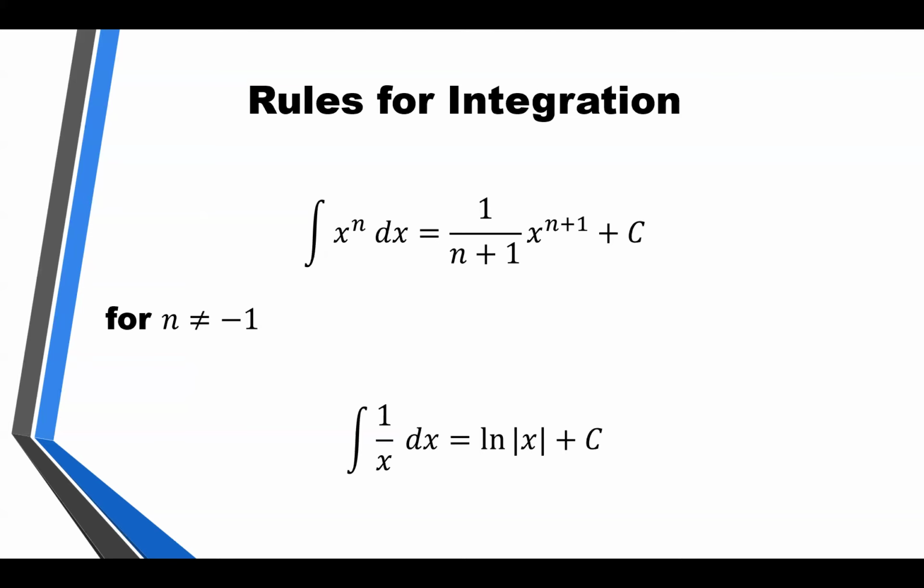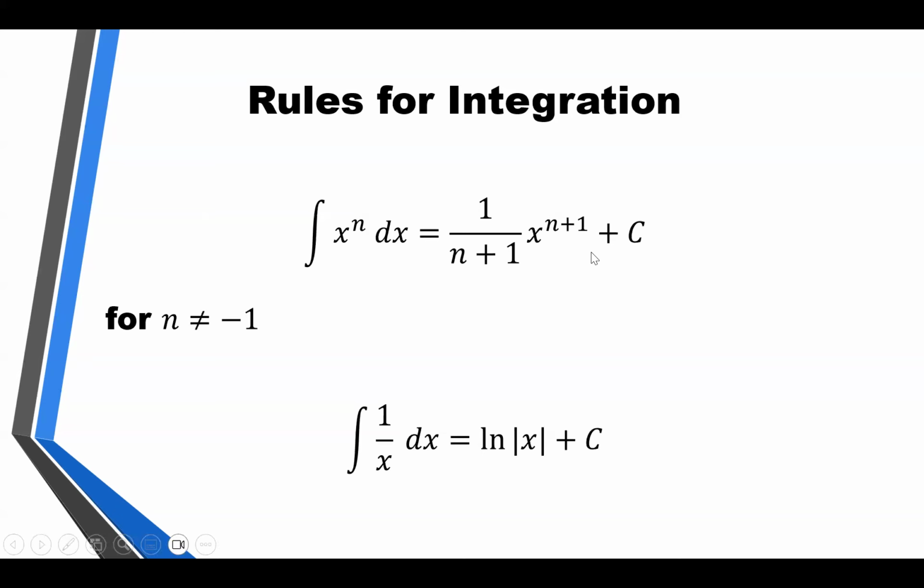So other rules for integration, well, if we're dealing with a polynomial type function, if we have anything which is a term that is x to the nth power, if I want to find the antiderivative of that, I can raise the power by 1.